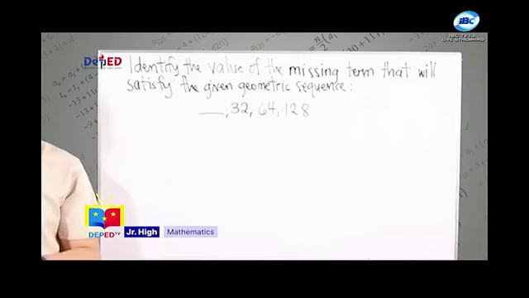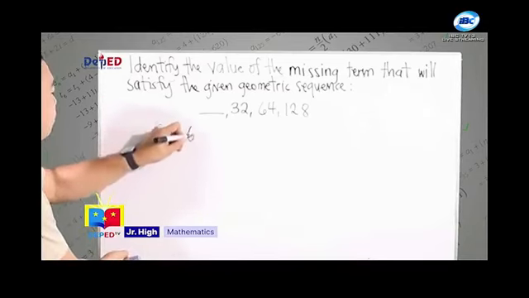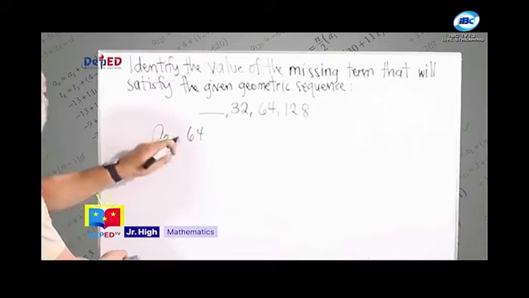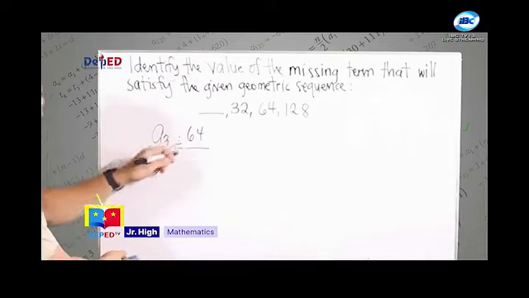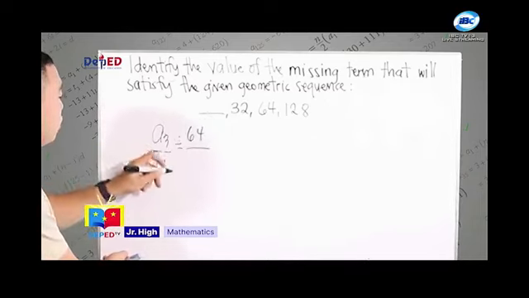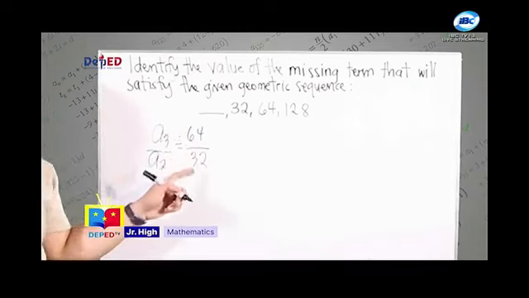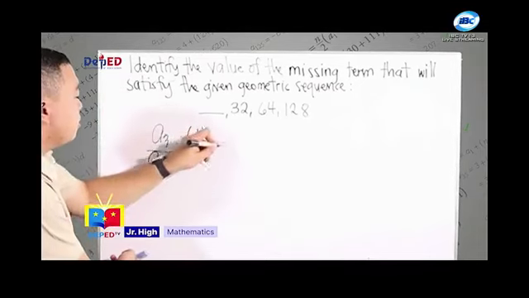Again, that is by dividing the succeeding term by its preceding term. Since we don't have the first term, we can resort to dividing the third term, or a sub 3, which is 64, by the second term, or a sub 2, that is equal to 32. Dividing 64 by 32, we will get 2.